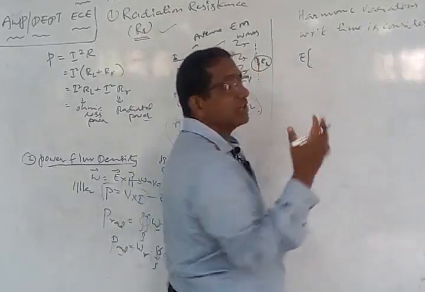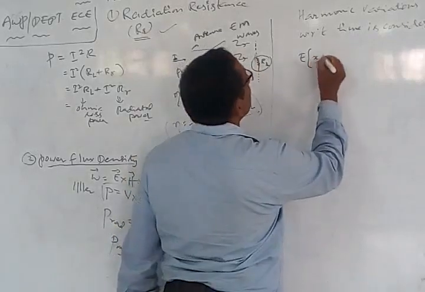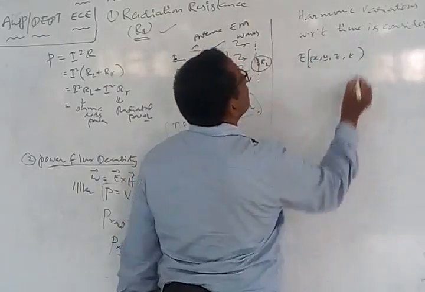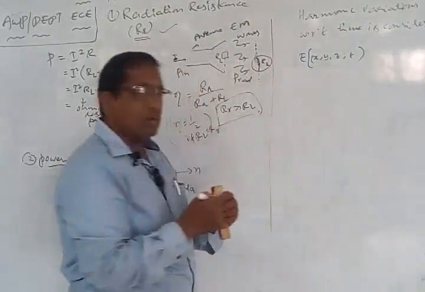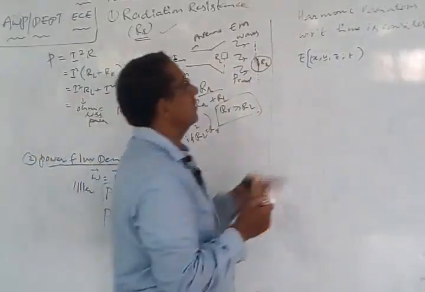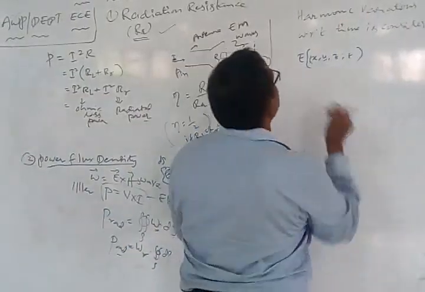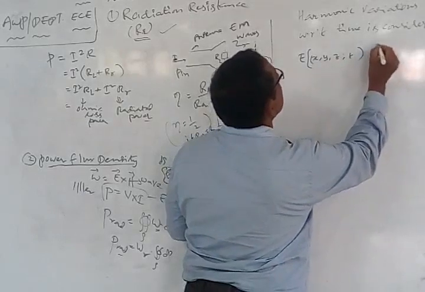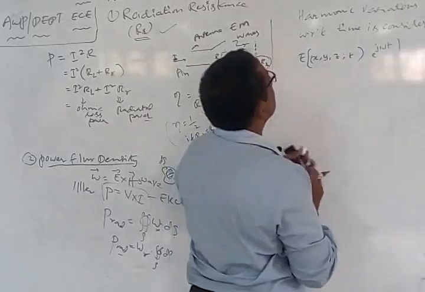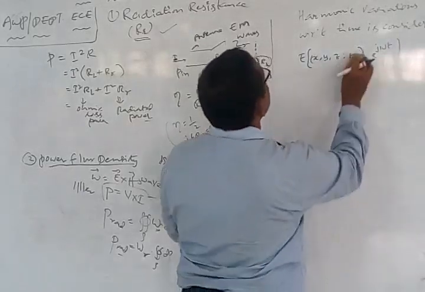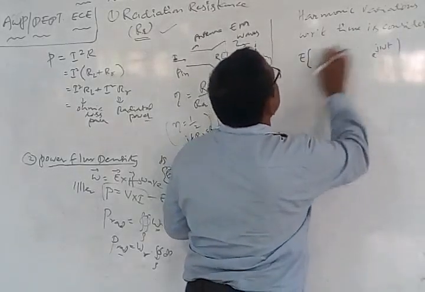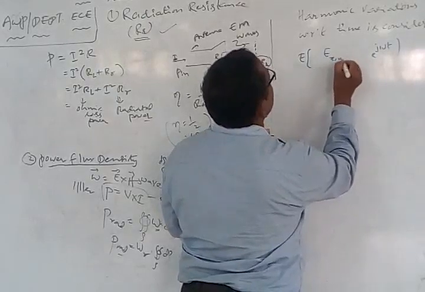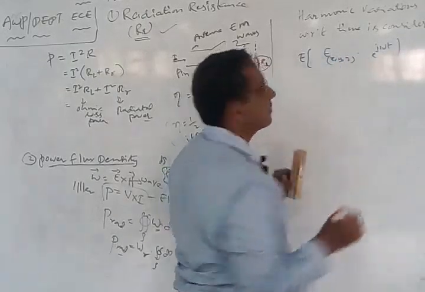If you consider the rectangular coordinate system, I can call it x, y, z into t. This is for the Cartesian coordinate system, into e power j omega t. Or I can just say this is going to be E of x, y, z into this.